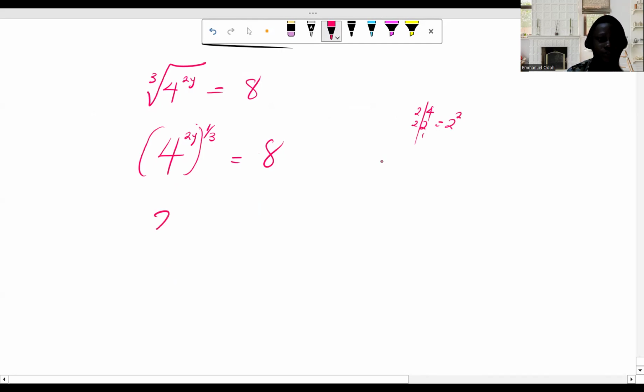So I'm writing 2 squared as 4, but we have a power here, 2y, and we have another power, 1/3. Then 8 is 2 to the power of 3.